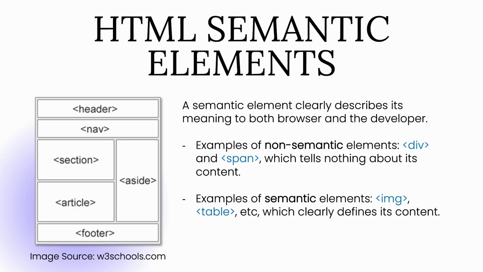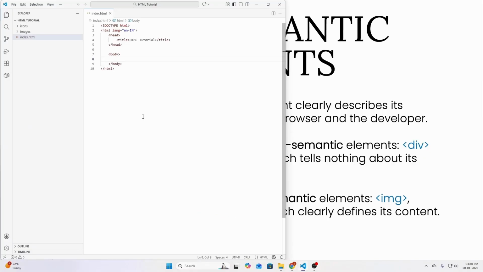So if we go to our Visual Studio Code here, let's add a new header. Inside body, let's create a new header element, and inside it let's create a heading 1 for our website title. Let's call it my website. And below this, let's introduce a line break by br element, actually two line breaks for better visualization.